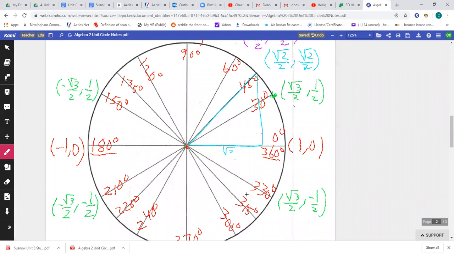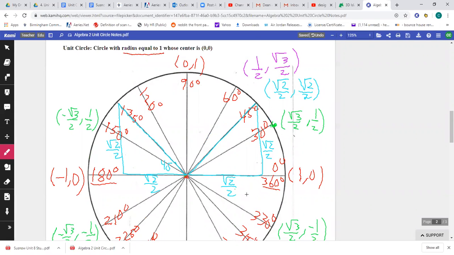So this was √2/2, √2/2. So guess what? If we do the 45, 45, 90 here, this is √2/2, this is √2/2, right? So that means the coordinate here would be that. It has the same x and y as the 45 degrees on the right, except since I'm going to the left, x is negative.